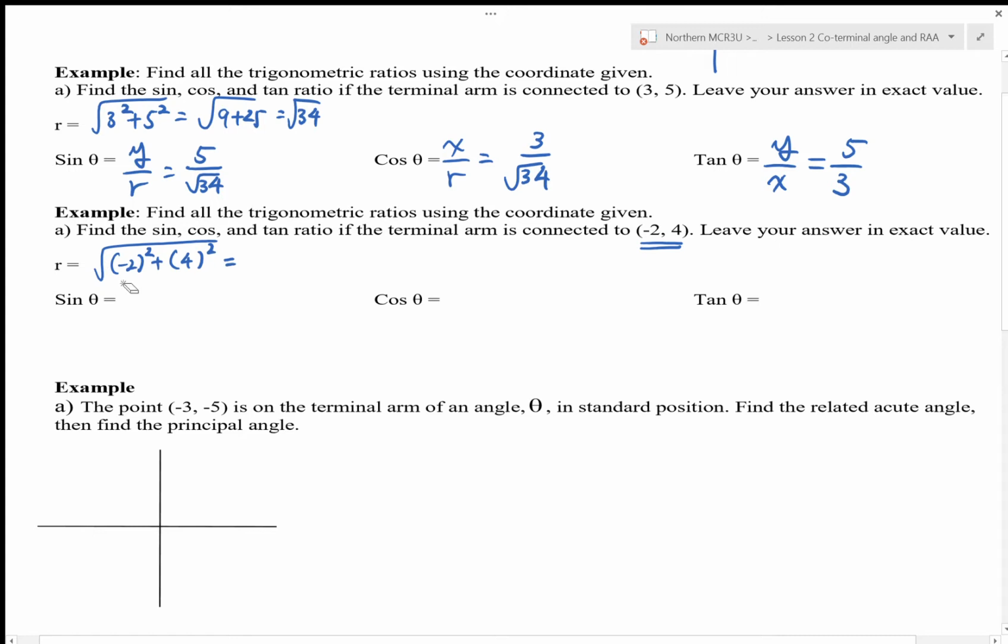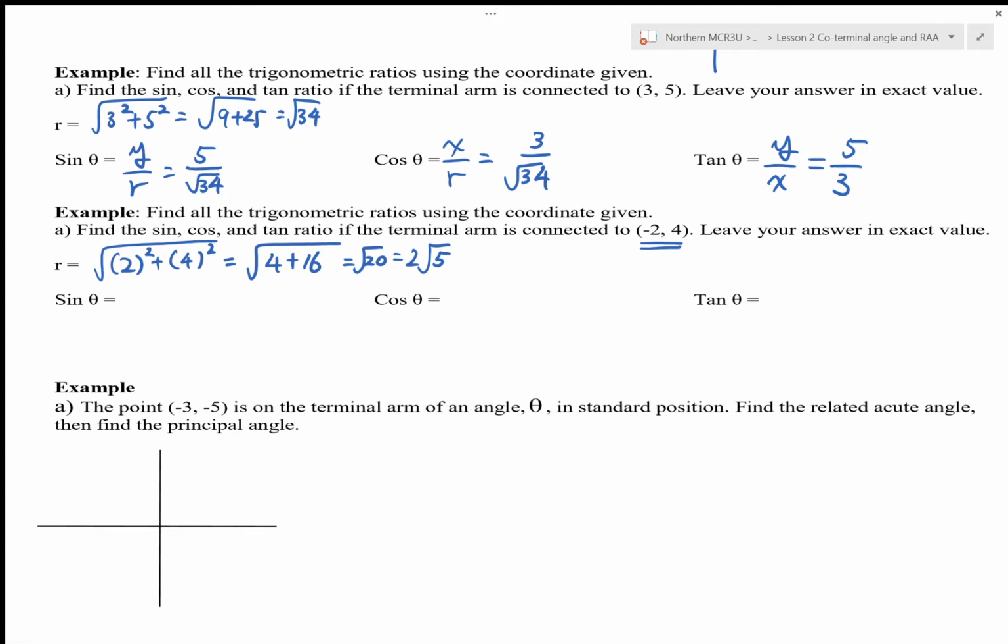If you want to put it as a positive 2, that's completely fine, since it just represents the length of a side. Then that will be 4 plus 16, which is square root of 20. Hopefully you remember that the square root of 20 is 2 square root of 5. You always have to simplify as much as possible.